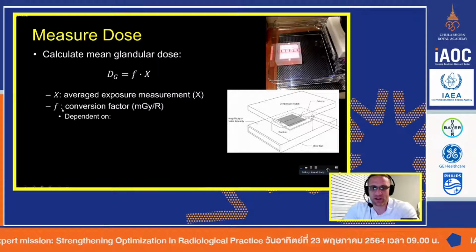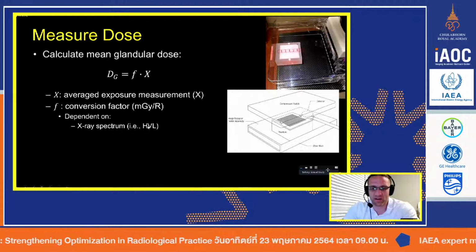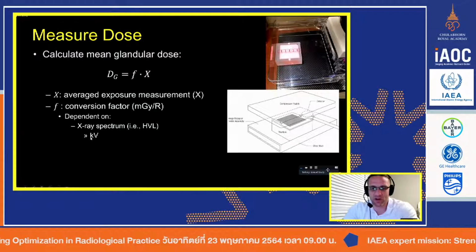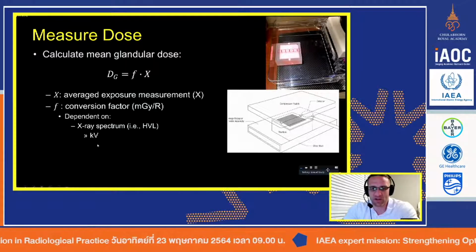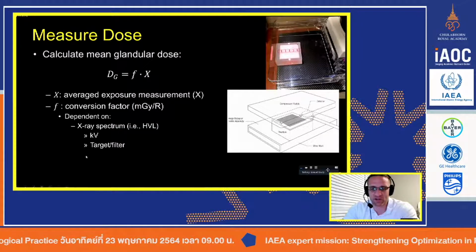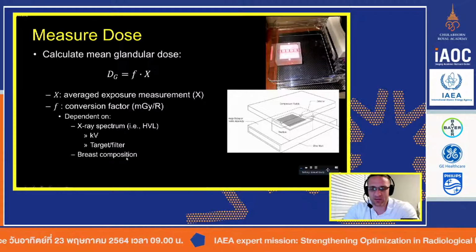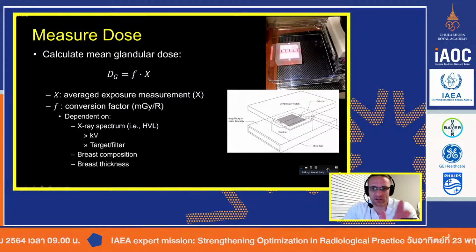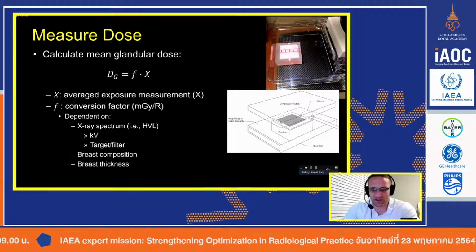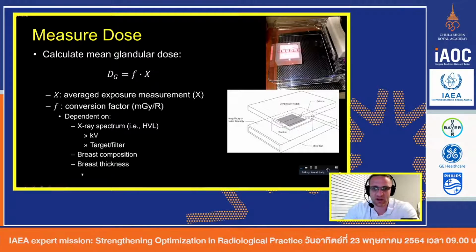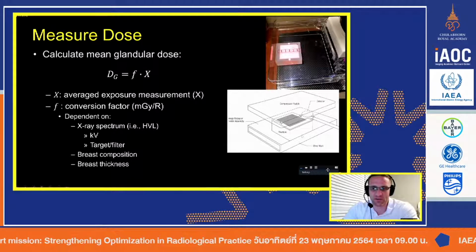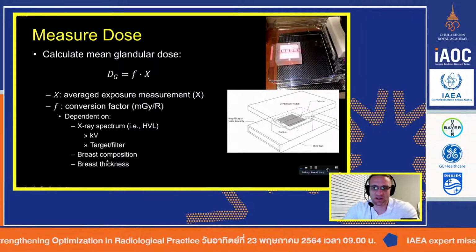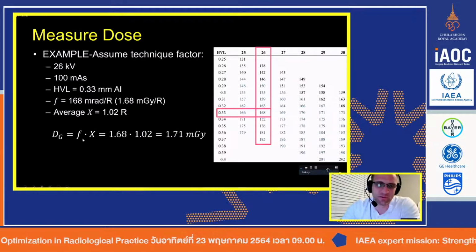These conversion factors are dependent on the half value layer, or the beam spectrum, or quality, which is dependent on kV, target, and filter combinations, and our assumption of breast composition. Is it going to be 50-50? Is it going to be 25% glandularity, 75% fat, etc.? And then obviously the breast thickness. Of course, the breast thickness using this phantom is standard, 4 to 6 centimeters.